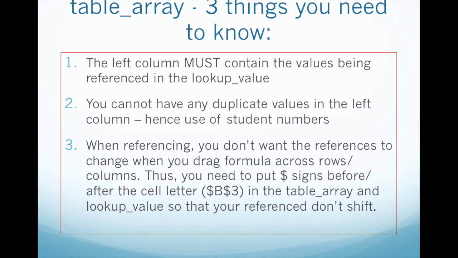You cannot have any duplicate values in that left-hand column, as we've mentioned previously. And when referencing, you don't want the references to change when you drag formulas across rows or columns. Thus, you need to put $ signs before and after the cell letter in the table array and lookup value so that your references don't shift.